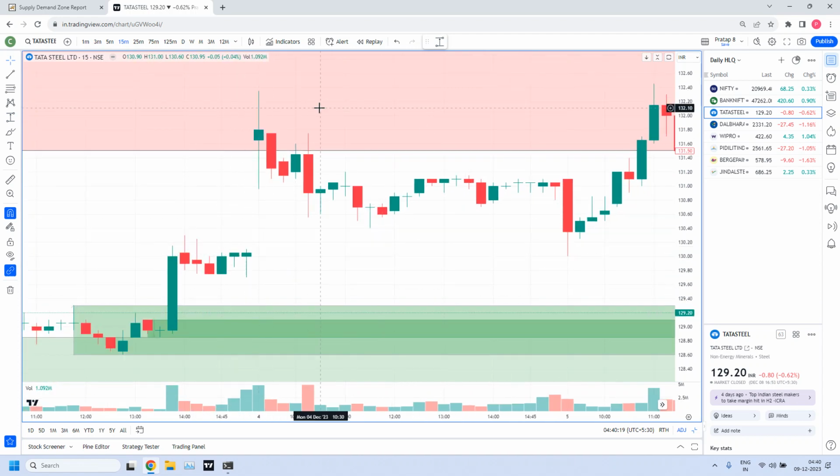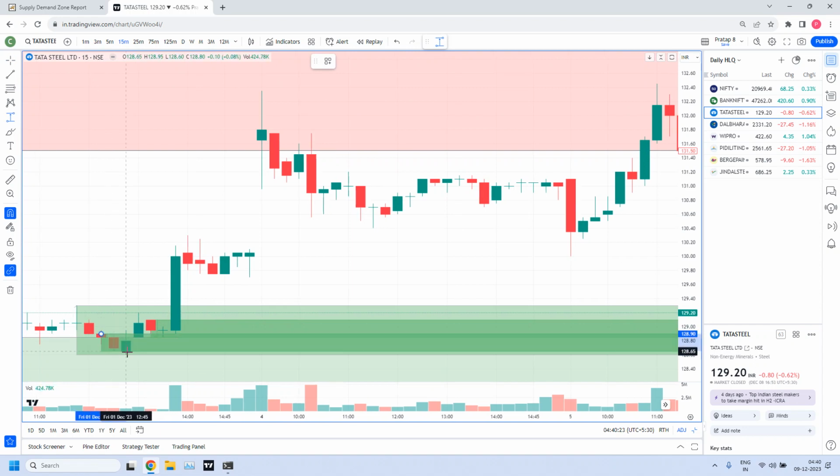We can also draw one more zone inside, something like this. LOTL concept in 15 minutes time frame. That means this entire thing can be considered as a 15-minute zone by combining both these zones.